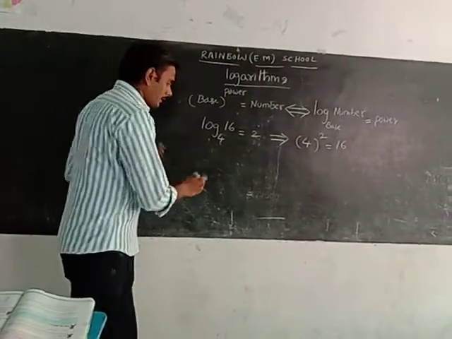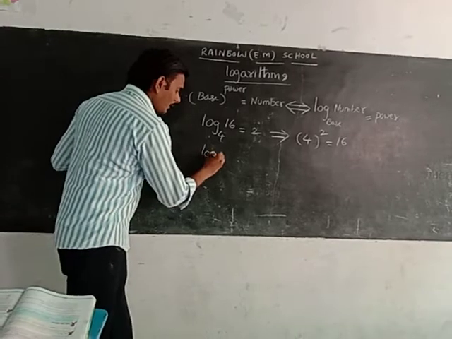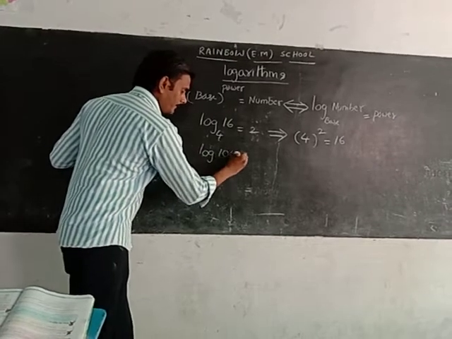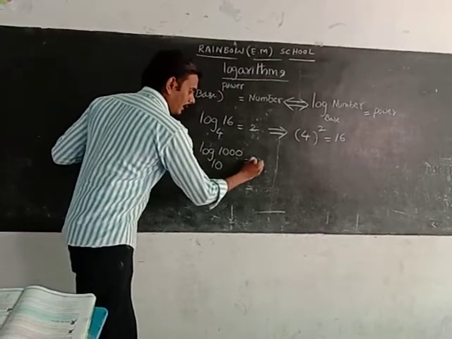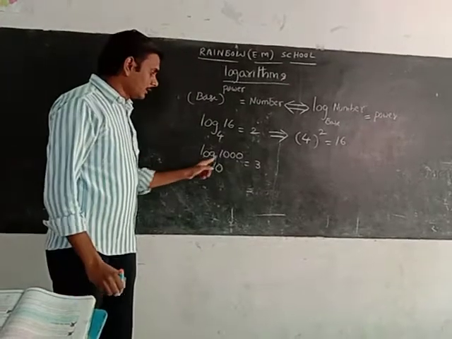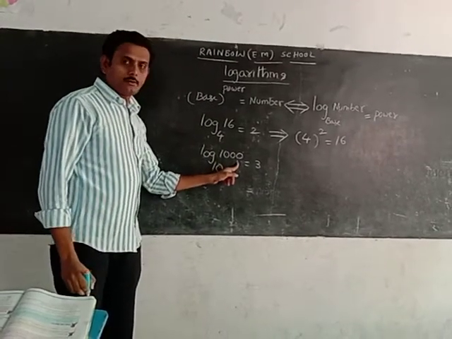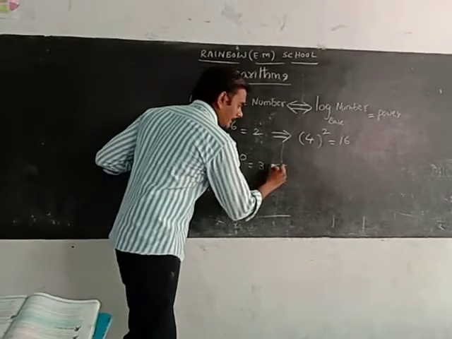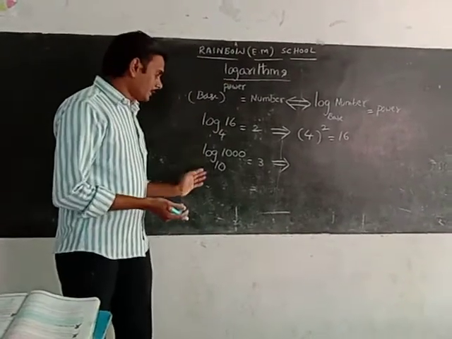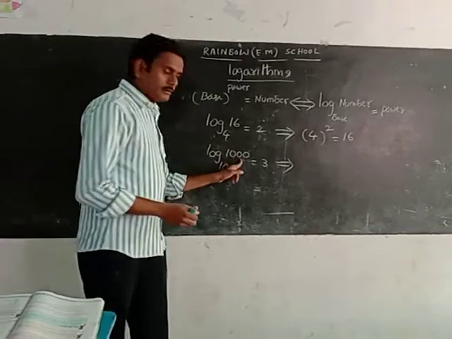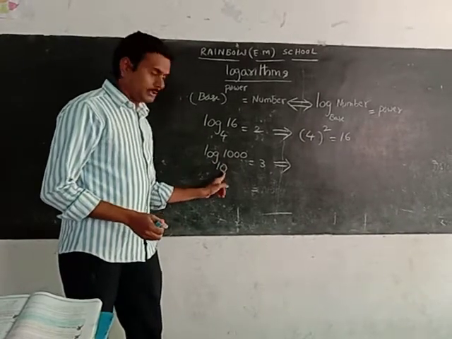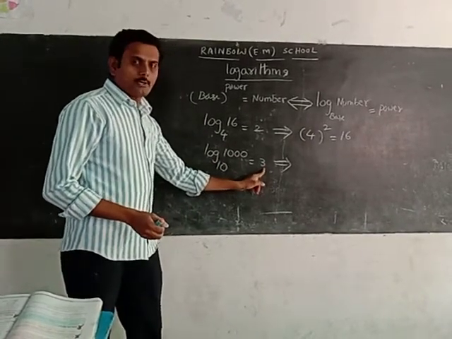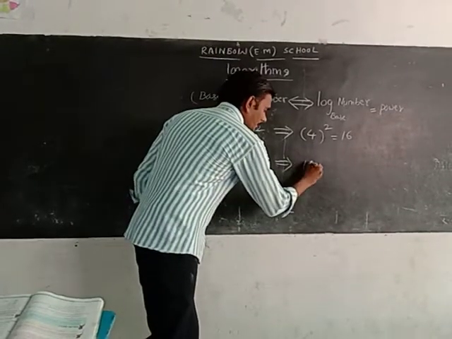One more example we can learn. Log of 1000 to the base 10 is equal to 3. Now we write the exponential form.